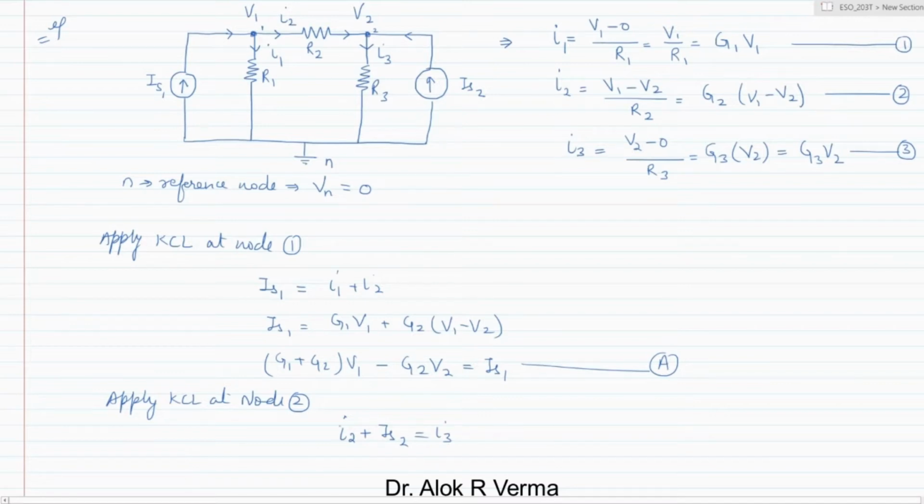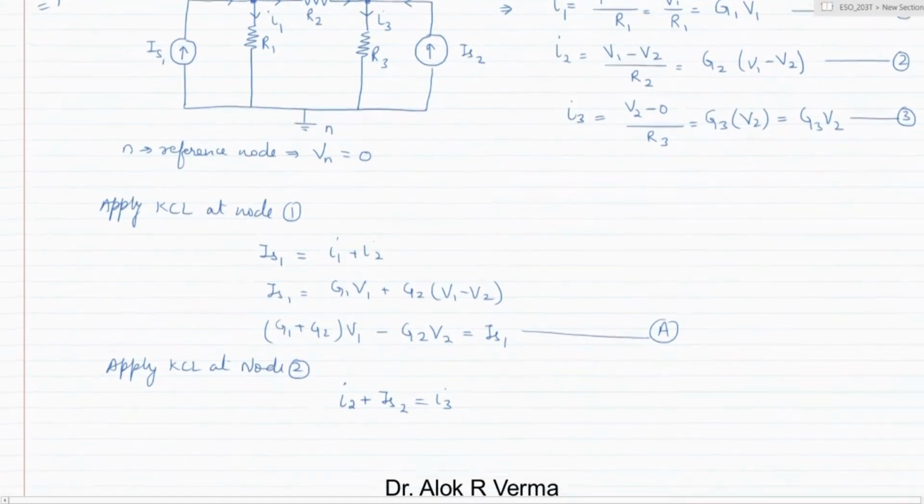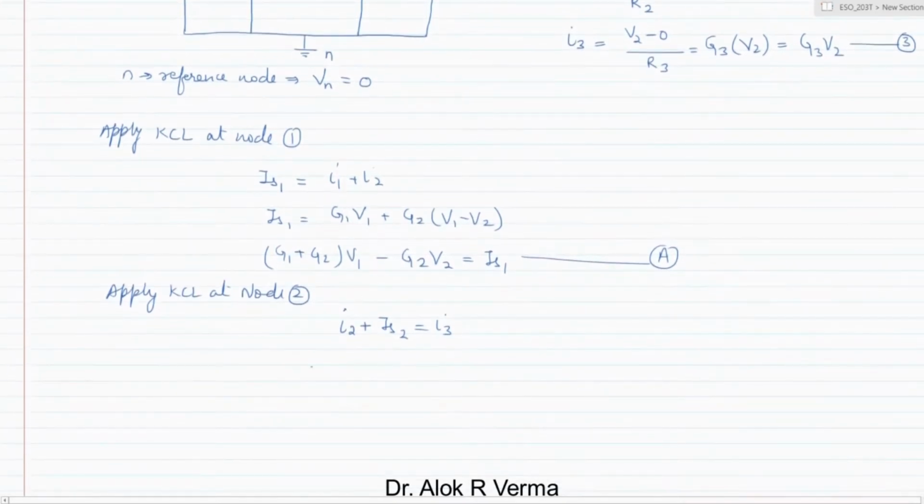Isn't it? So total incoming current is I2 plus IS2 and leaving current is I3. Now substitute the values. So we can write it as (V1 minus V2) times G2 plus IS2 is nothing but G3 V2.